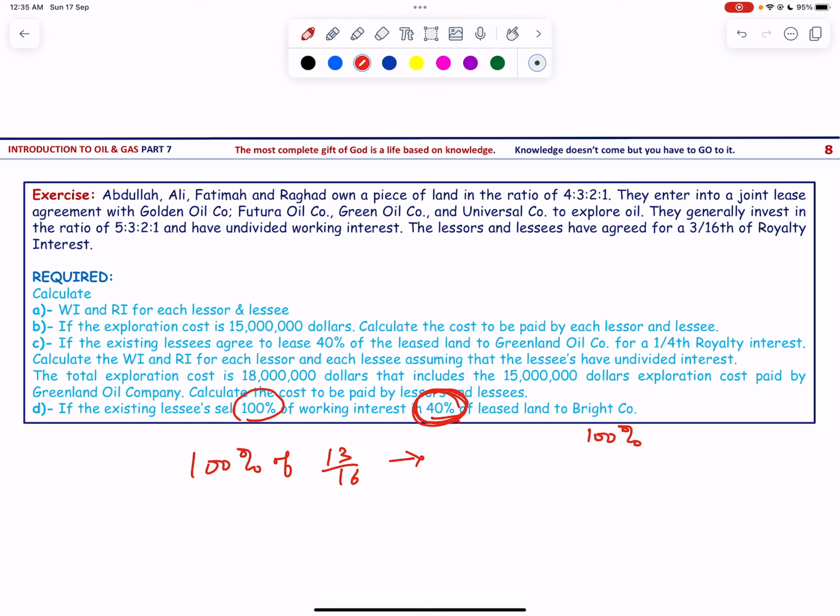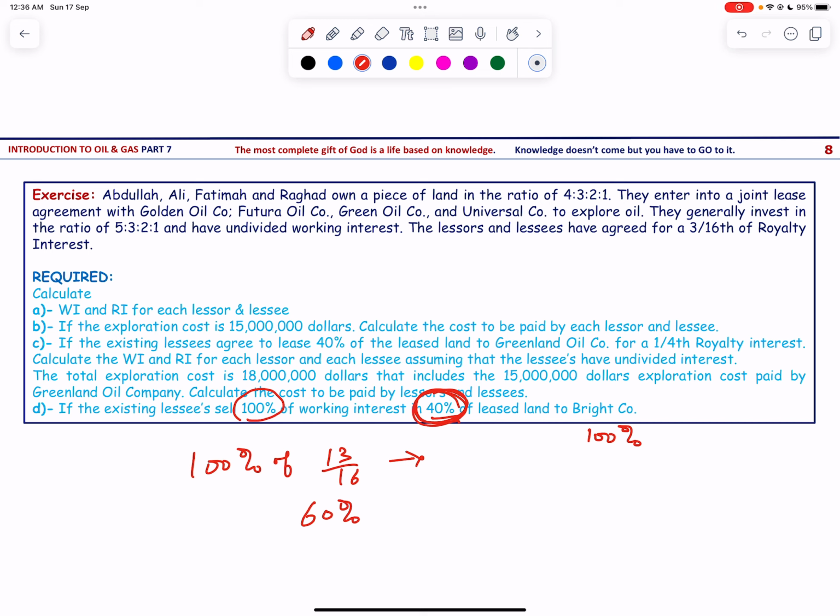While Golden, Futura, Green and Universal Company will be responsible for paying 100% of the cost of exploring, developing and producing the remaining 60% of the leased land, and would be entitled to 100% of 3/16 of the gross revenue generated from their remaining 60% of the leased land.